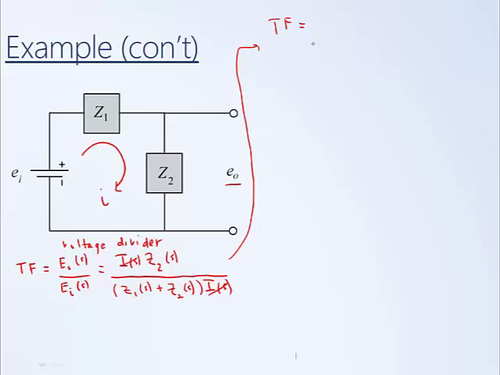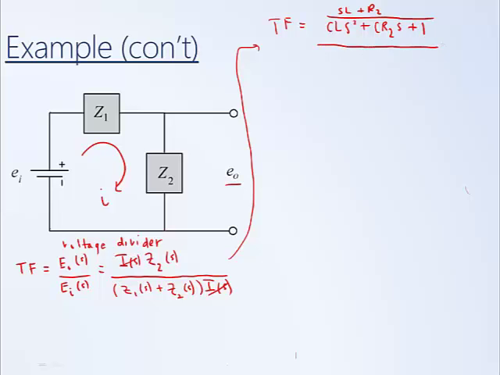From the previous slide, we had expressions for Z2 and Z1. So the expression for Z2 had a numerator of SL plus R2, and then it had a denominator of CL times S squared plus C R2 times S plus 1.